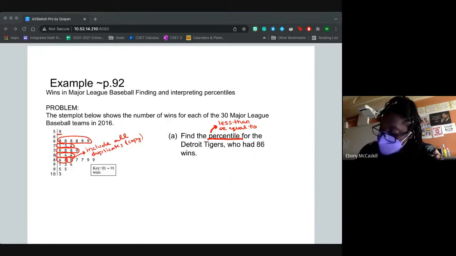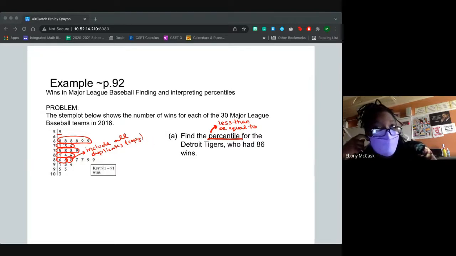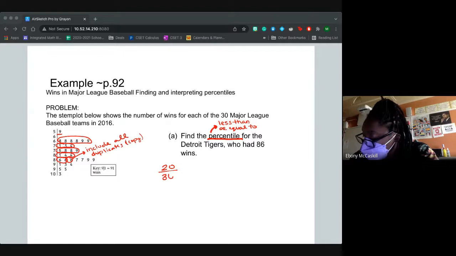It's important here, thank you for letting me know, that you include all of your duplicates. So right at 86, make sure you circle all the 86s. There are 20 of them over the 30 total. If you divide this, you're going to get 0.666. It's going to go on forever.